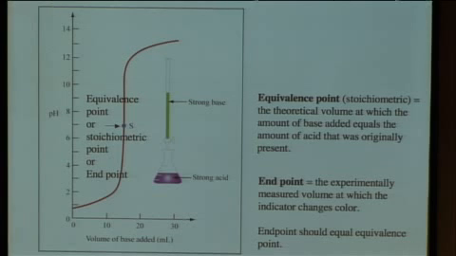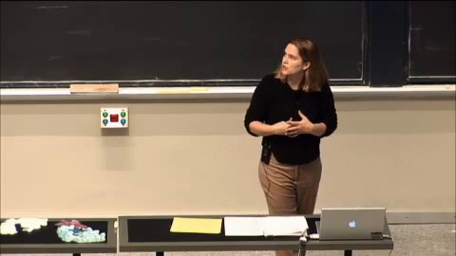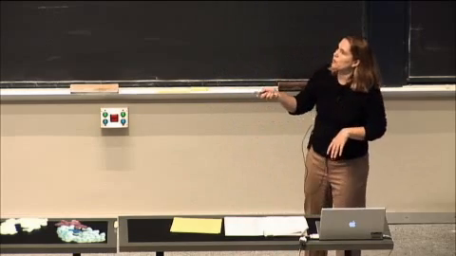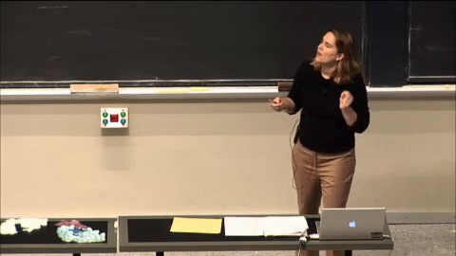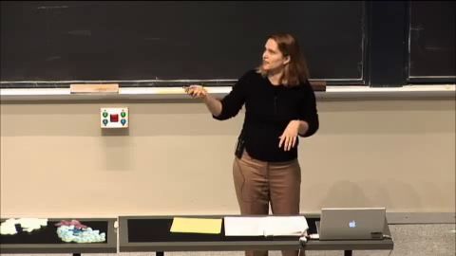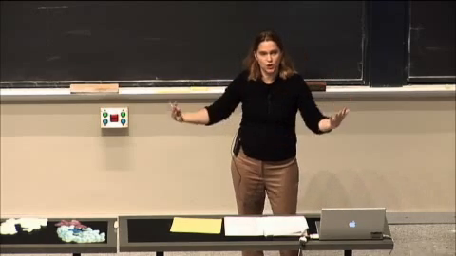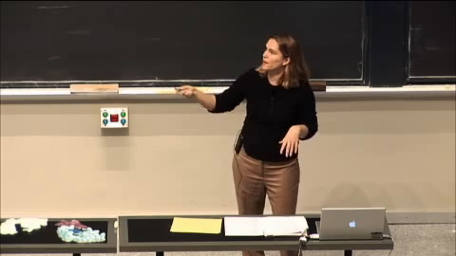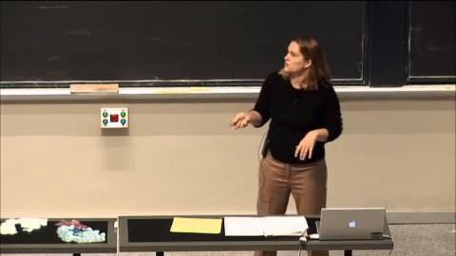And then you're looking to figure out when you're going to reach either the equivalence point or the endpoint. These are basically the same terms. It's also called the stoichiometric point. And often equivalence point is used as the more theoretical term, where the theoretical amount of volume is added, whereas endpoint is the experimentally measured one. So we're going to be talking a lot about equivalence points because we have no lab associated with this course. So everything will be theoretical in terms of these.